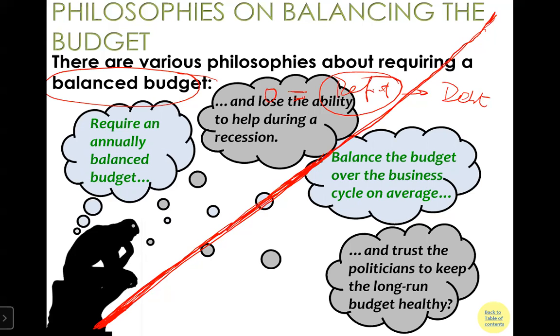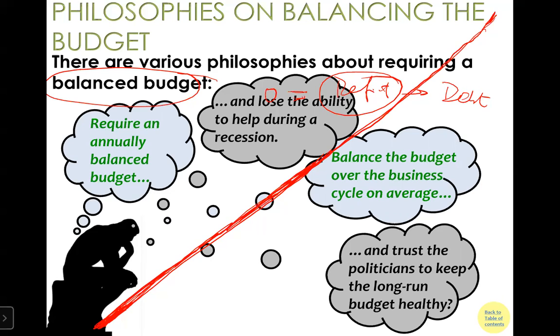On the other hand, there are people arguing against giving the government flexibility in setting the budget balance. Why is that? This is because they don't believe the politician has the will or the discipline to keep our long-run budget healthy.